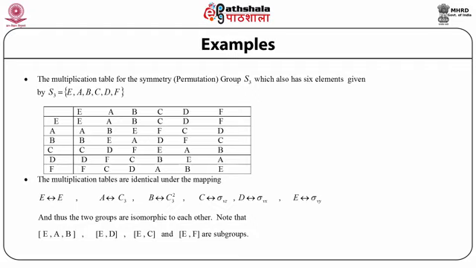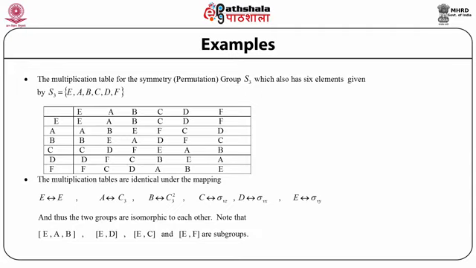The element C of the symmetry group is mapped to a rotation about the ZZ prime by 180 degrees, that is sigma nu Z. The element D is mapped to sigma nu X, and the element E is mapped to sigma nu Y of the group D3.